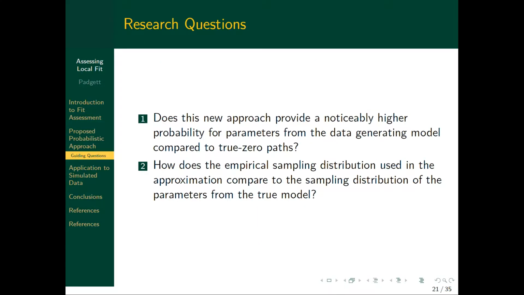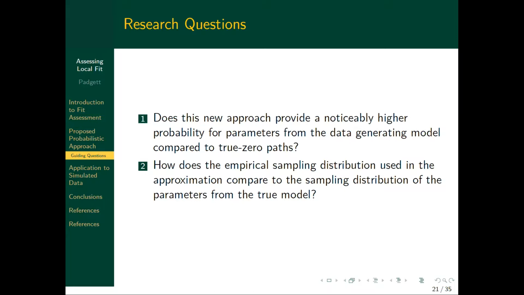And so what we want to do is see if our method of trying to come up with these approximate probabilities of whether different parameters are really non-zero is helpful in identifying these non-zero paths in a factor model. And what we want to compare it to is the sampling distribution.